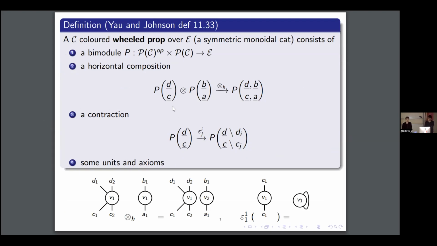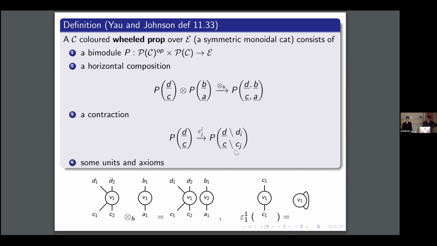A horizontal composition, which takes two operations and places them side by side, forming a new operation with all of the inputs of the components and all of the outputs of the components. And the contraction operator is an operator which takes an operation and connects the ith output of that operation, loops it back around and joins it to the jth input.